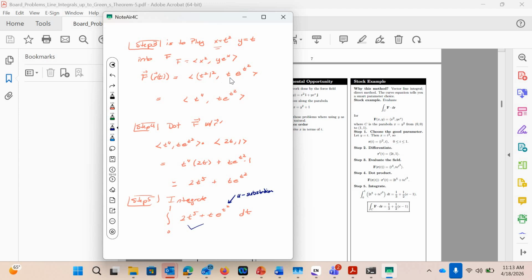And then you just cancel these guys like that. So I really have a 1/2 e to the u du. And when I integrate that, it's just 1/2 e to the u. And this is t equals 0 to t equals 1.